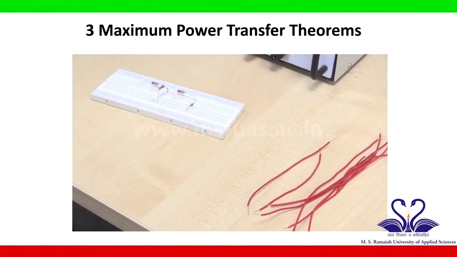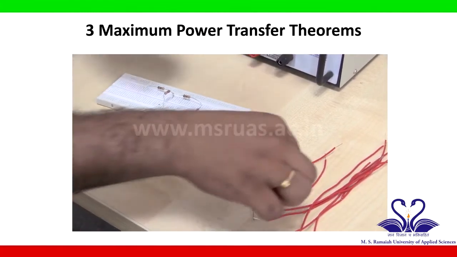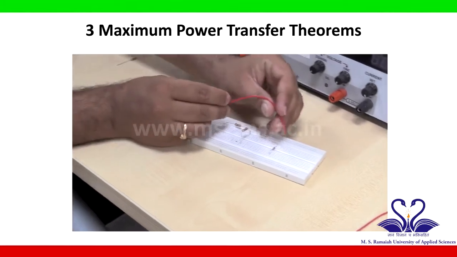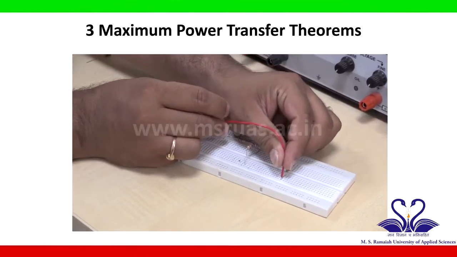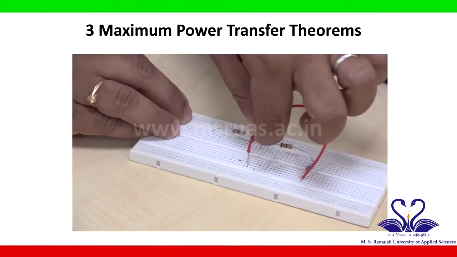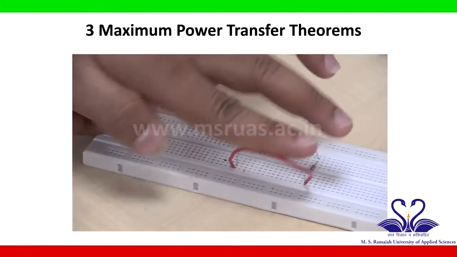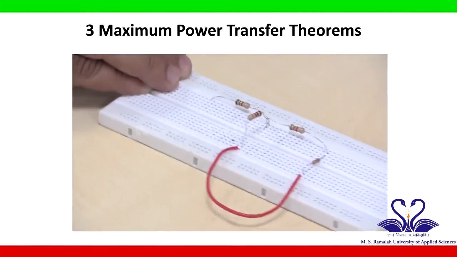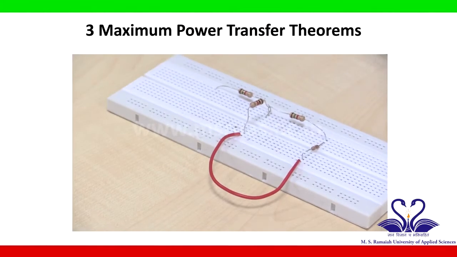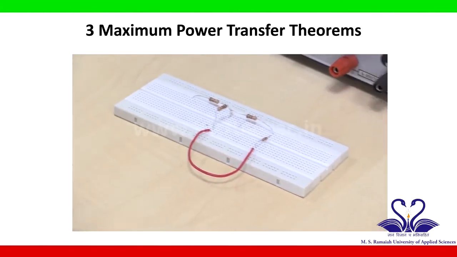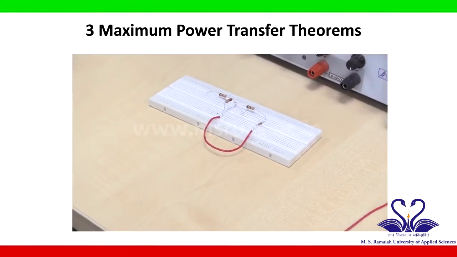Now we will short the ground terminals using connecting wires. Now we will give supply to the circuit using connecting wires, connecting to the dual regulated power supply.